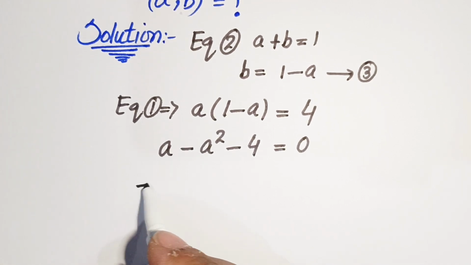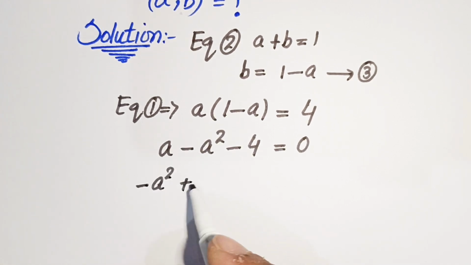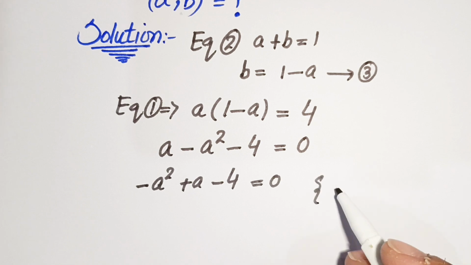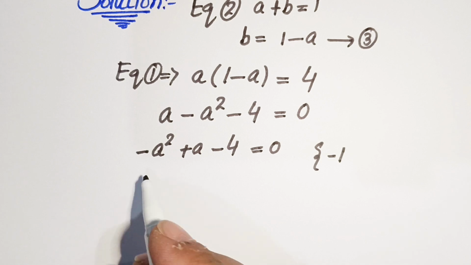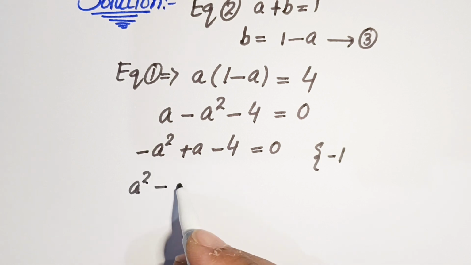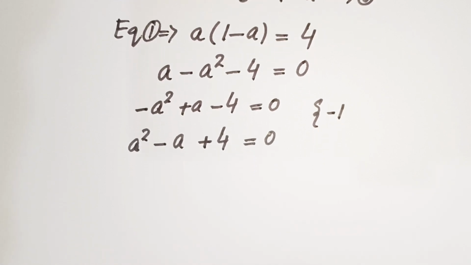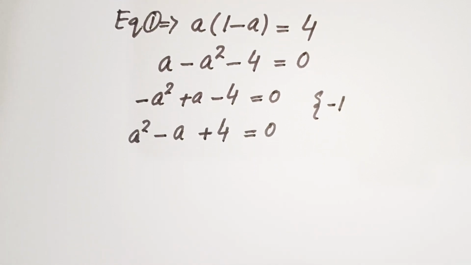So if we write minus a squared plus a minus 4 is equal to 0, and then multiply by minus 1 on both sides, we will get minus times minus is plus a squared, and here it will be minus a, and minus times minus is plus 4 is equal to 0. So now here it is a quadratic equation.